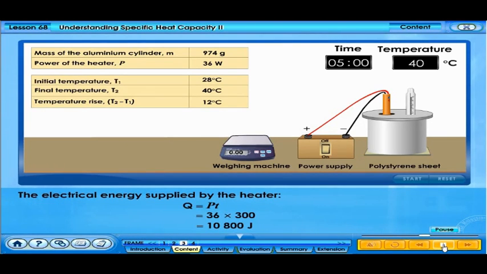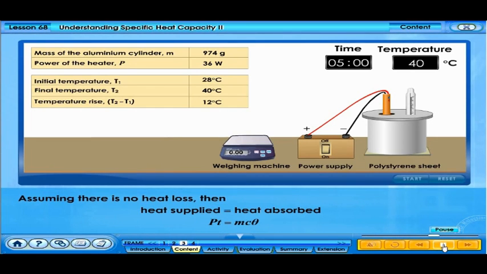The electrical energy supplied by the heater is 10,800 joules. Heat supplied is equal to heat absorbed. Assuming there is no heat loss, then heat supplied equals heat absorbed.